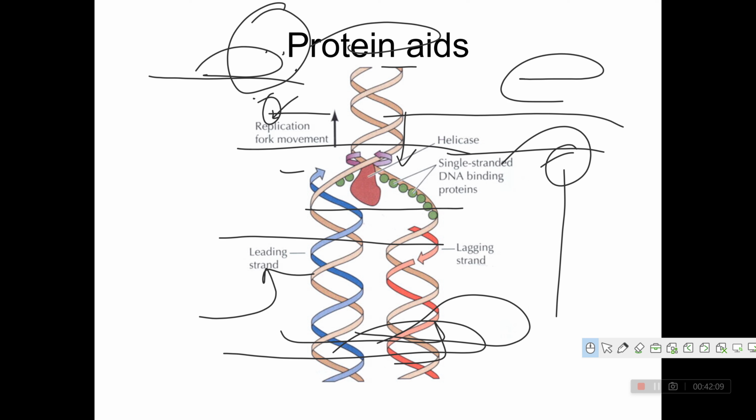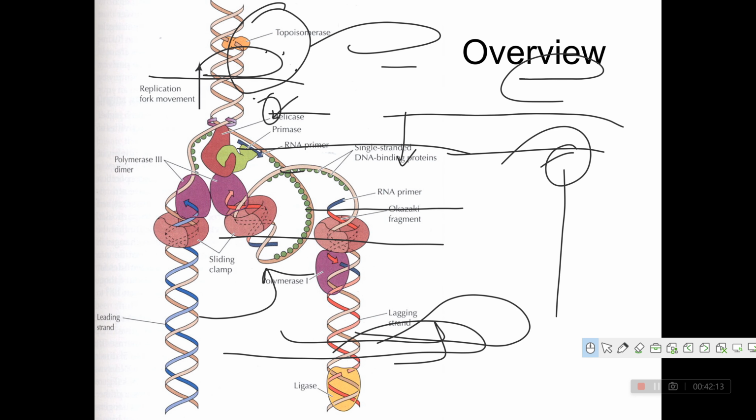Already you know this is replication for the leading strand and lagging strand. This is the diagram of the whole replication process, how they work. This is the topoisomerase enzyme. They go and bind and unwind the DNA.